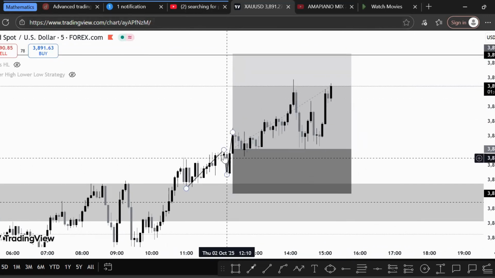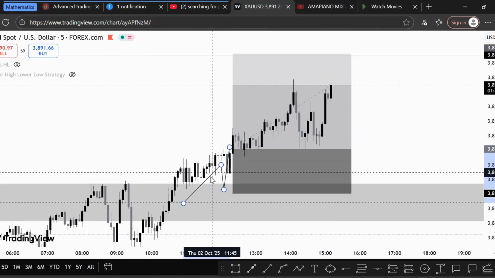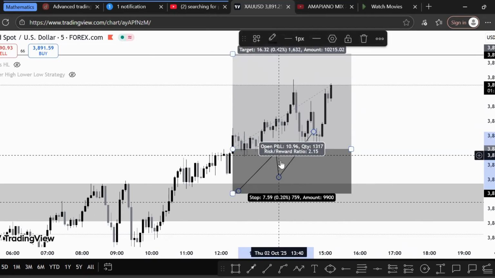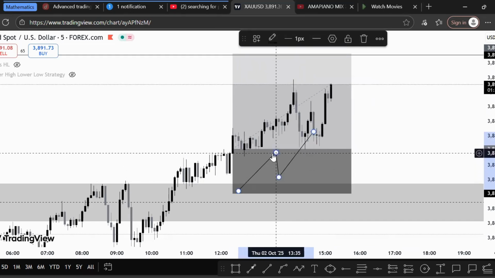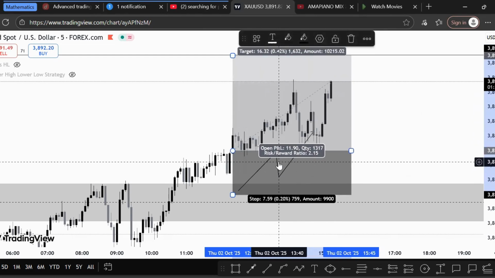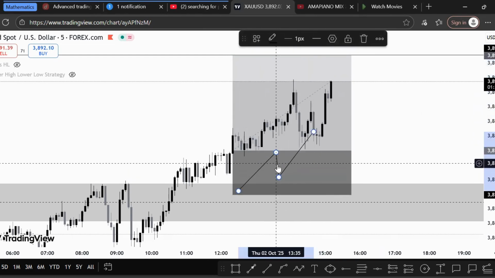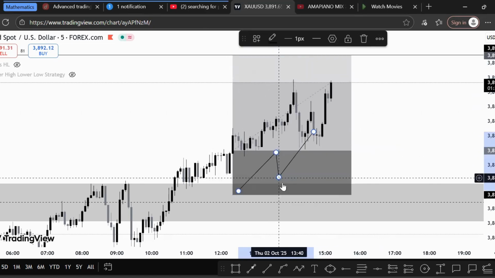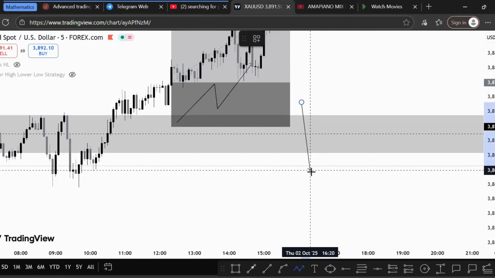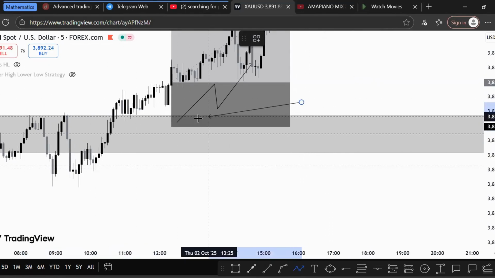You understand? So I feel like this works better for us. You want to see price break above, give that higher low, and then at that higher high, you enter the trade to the upside, because once you have higher highs, you need a higher low. Same thing if price was to break below here. The overall trend also matters.